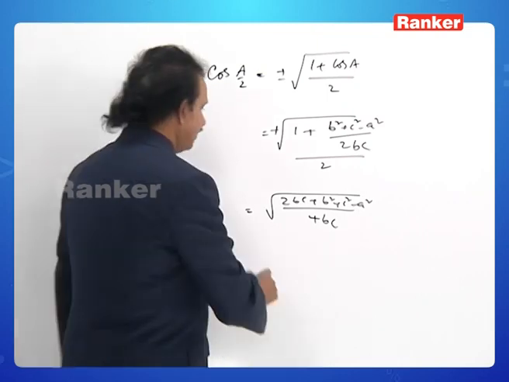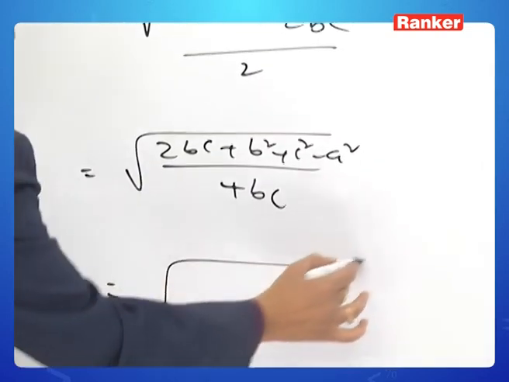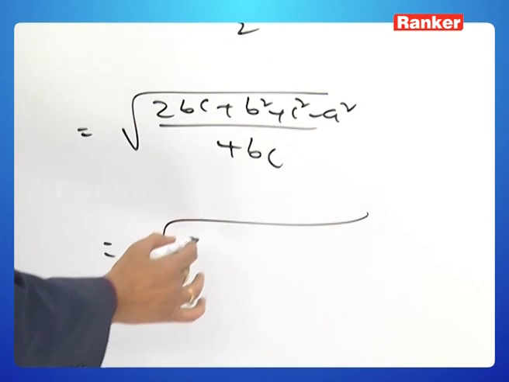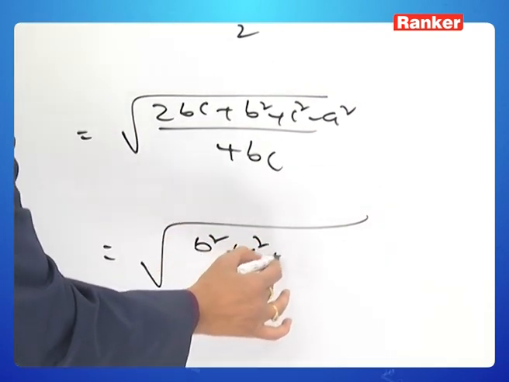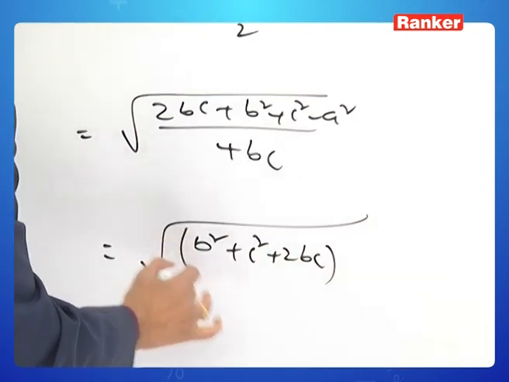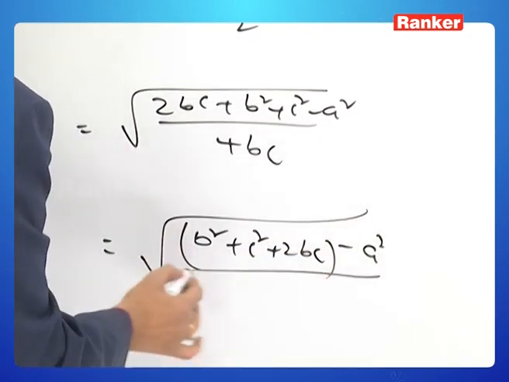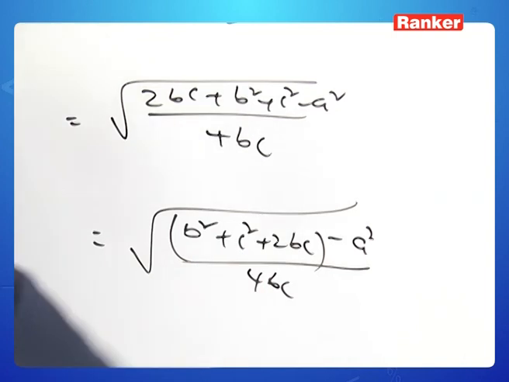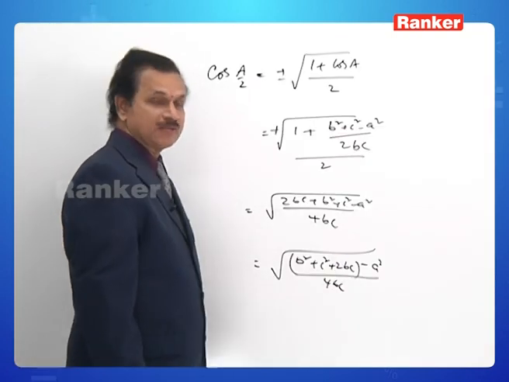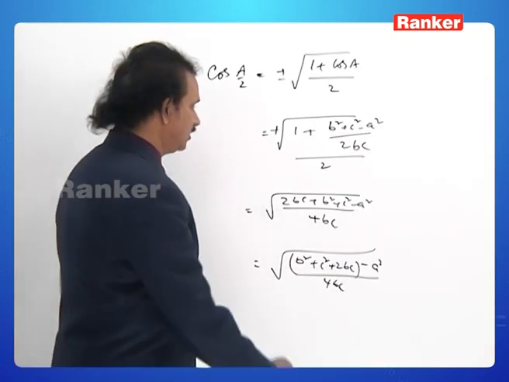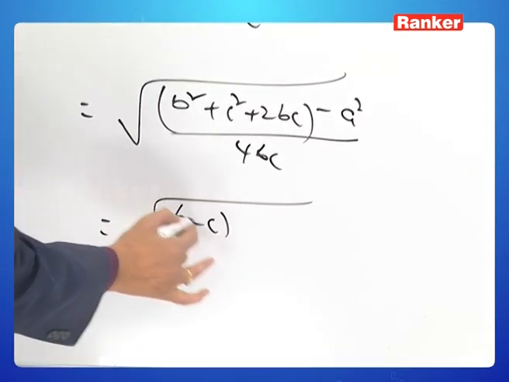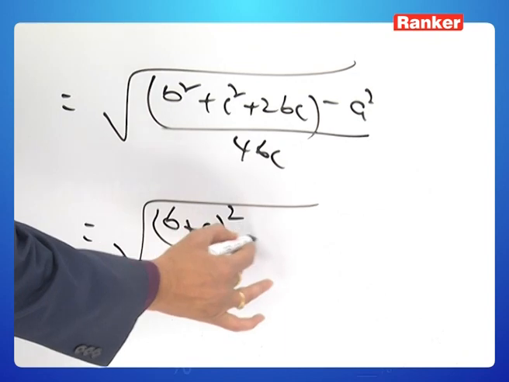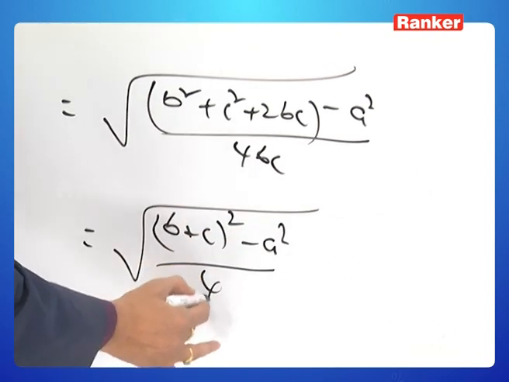Isn't it? Excellent. So it is root of (b square plus c square plus 2bc minus a square) by 4bc. b square plus c square plus 2bc is what? (b plus c) whole square. Hence this is equal to root of ((b plus c) whole square minus a square) by 4bc.